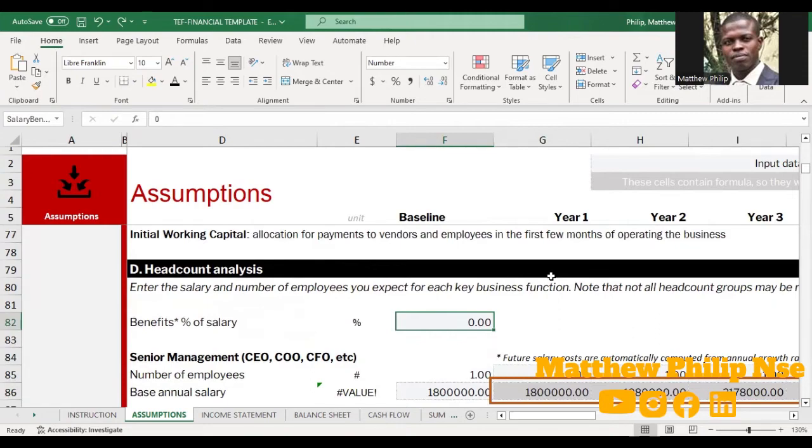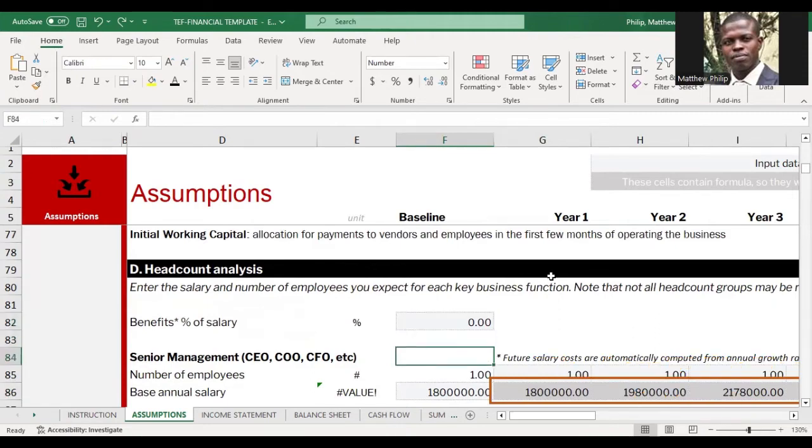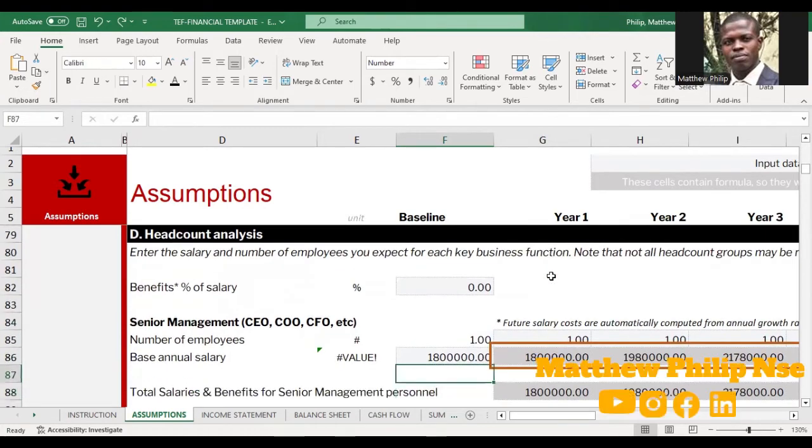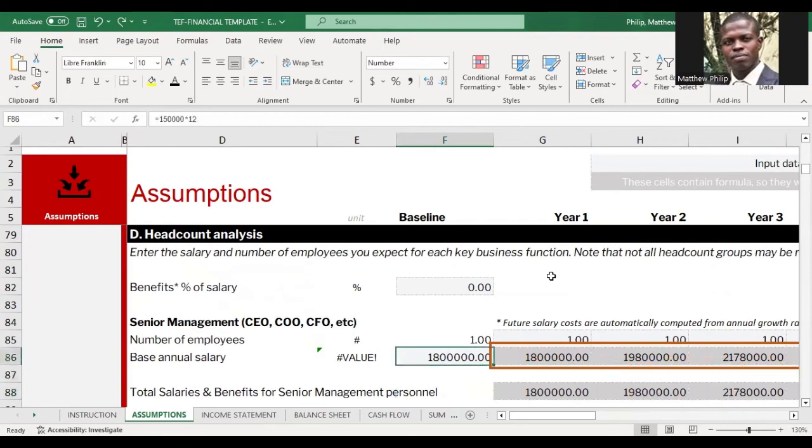But if there's nothing like that, just leave it at 0. Now, you need to know that the salary you are providing here is per annum, annual salary, not monthly salary. I've also seen some entrepreneurs make this mistake in the previous year when I marked the Elumelu business plan in the program. Please, it's not monthly forecast, it's annual forecast.